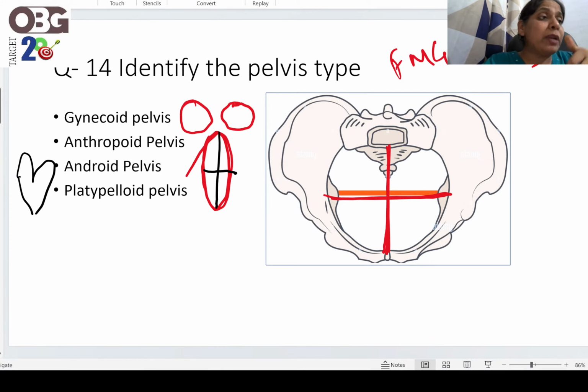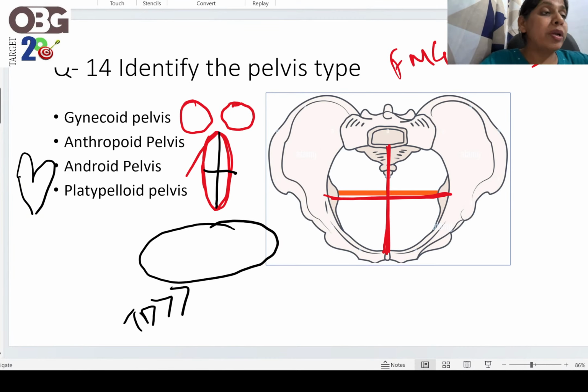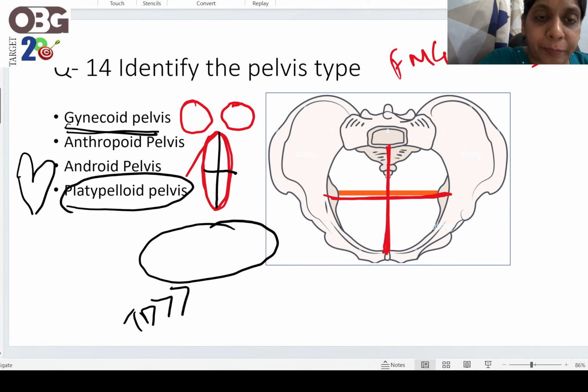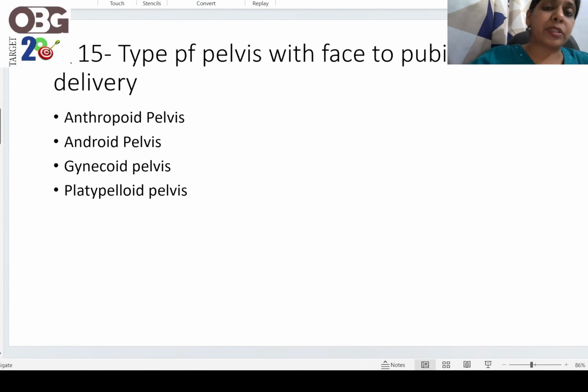The platypelloid pelvis is again a transverse oval, but the transverse diameter is much higher. Students get confused between the gynecoid pelvis and the platypelloid pelvis in the exam, because most of us read that the gynecoid pelvis is a round pelvis. Okay, let's go to the next question.